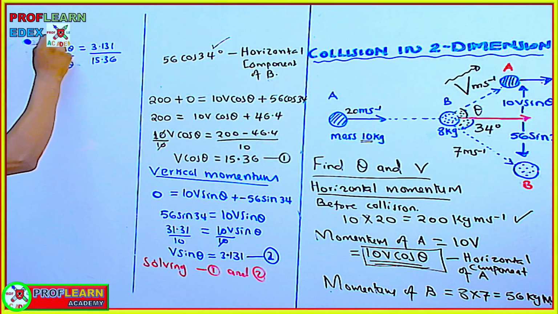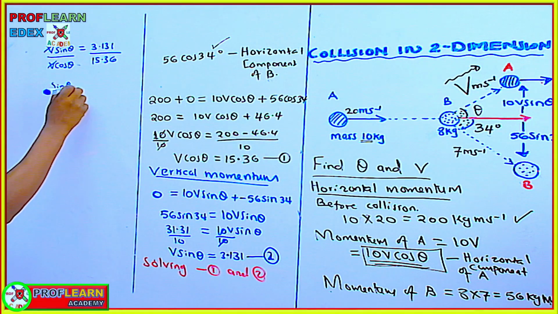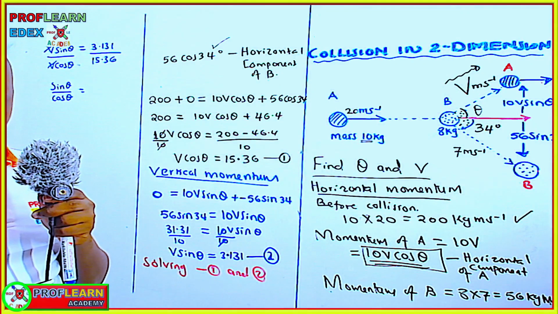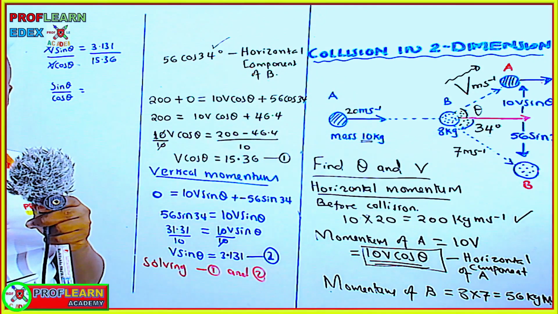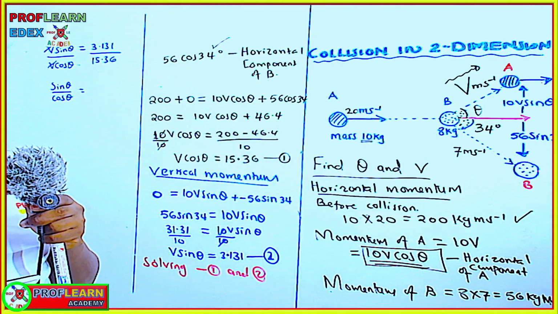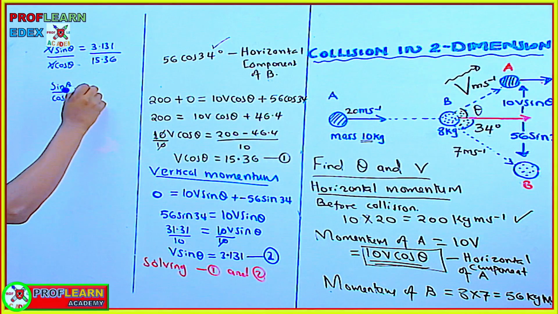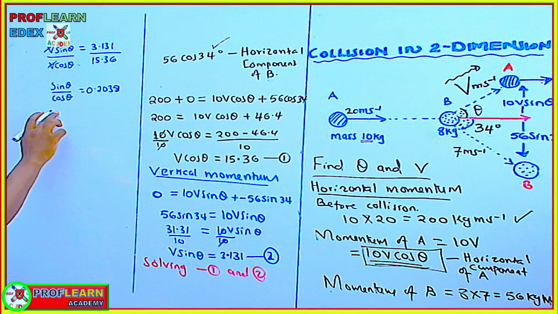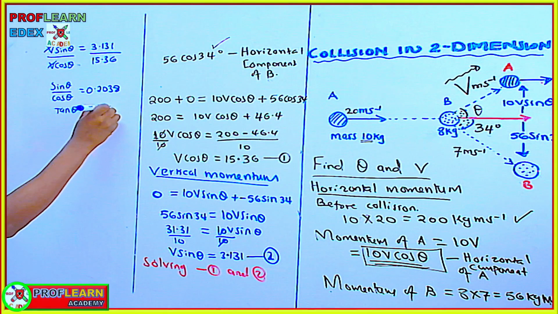So you can see v and v are going to cancel out. We are going to remain with sine theta over cos theta equals what? If we divide the two values, 3.131 divided by 15.36, that translates to 0.2038. Now sine theta over cos theta is actually tan theta, which is equal to 0.2038.